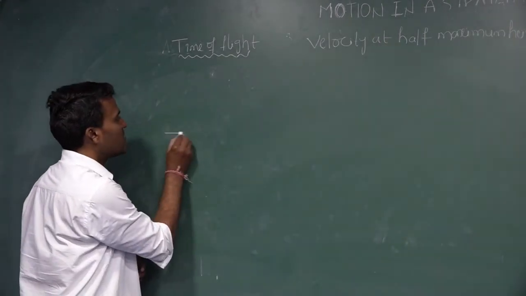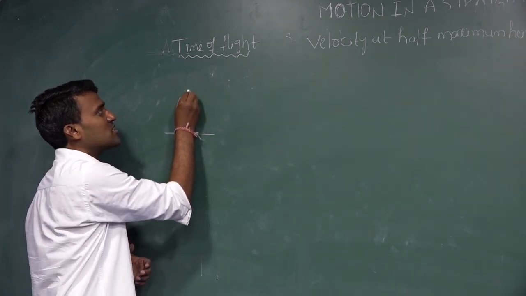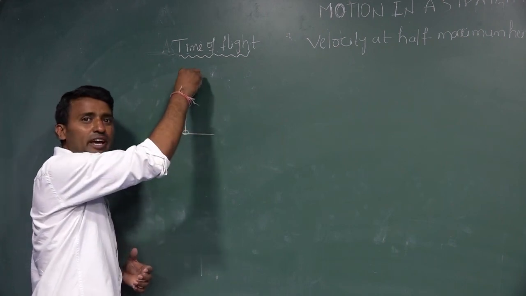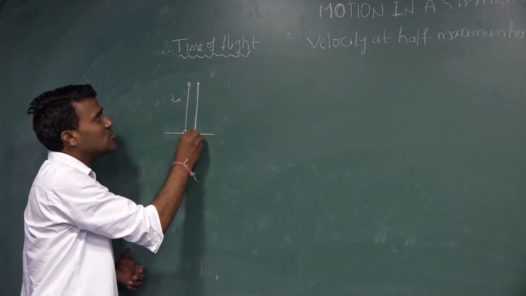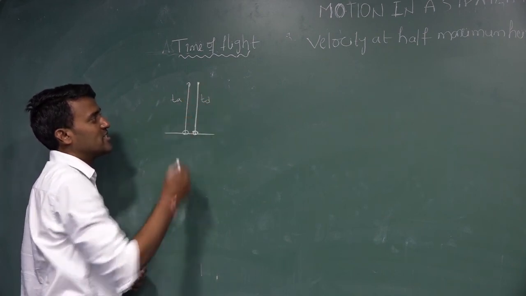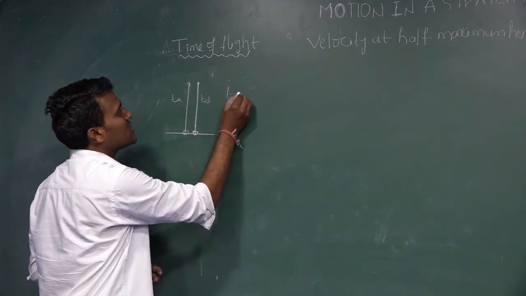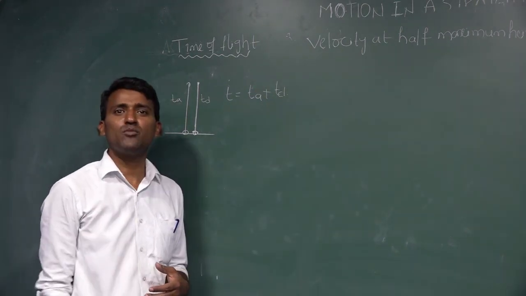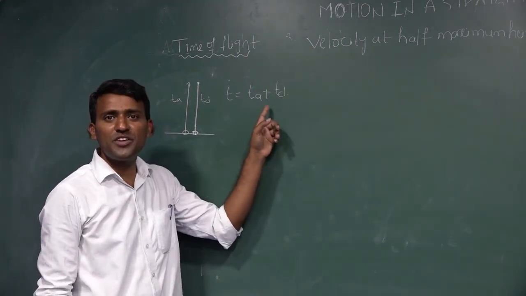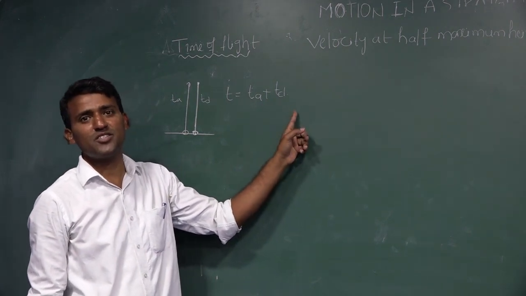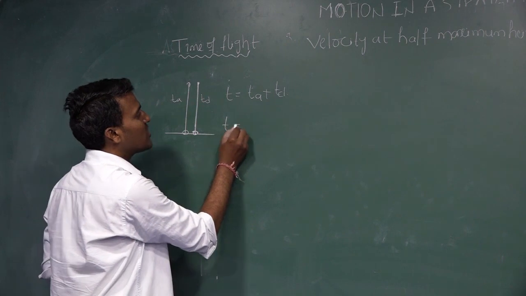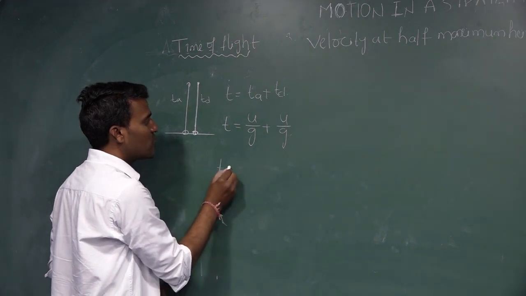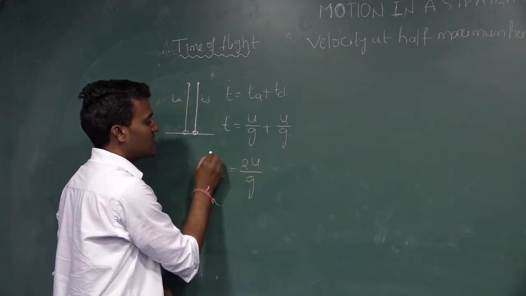Time of ascent is u by g, time of descent is u by g. Then you can write time of flight is equal to 2u by g.